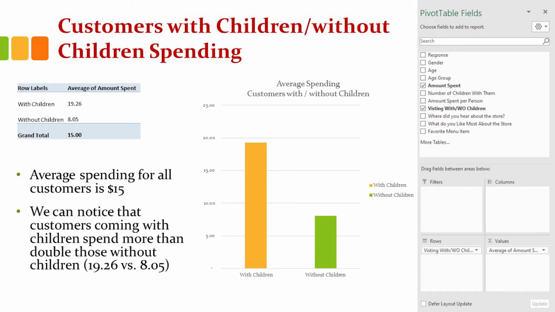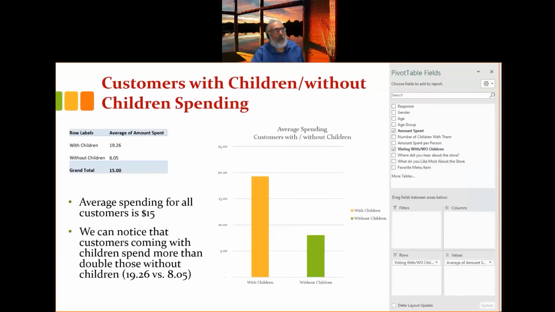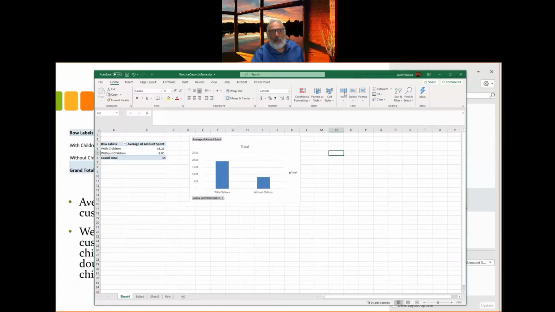Okay, so we could explore another area. So let us say we want to know if there is a difference between people in different age groups in what they like most about the store.